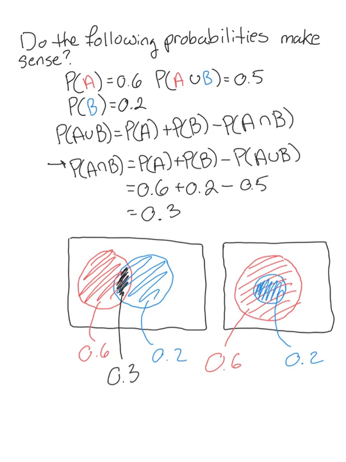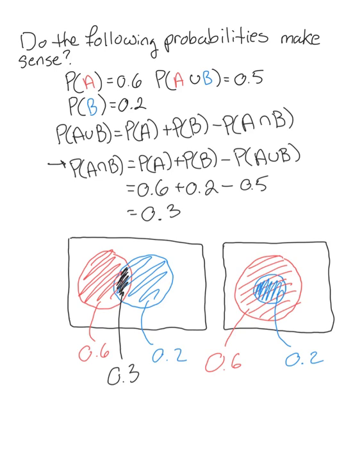So the intersection is the area in which they both overlap, and they both overlap at 0.2. So that's why the intersection can't be greater than 0.2, because the intersection has to be at least as small as the smallest probability.